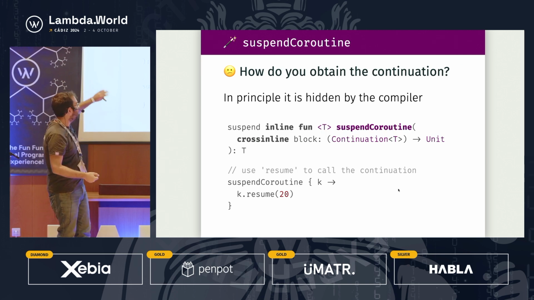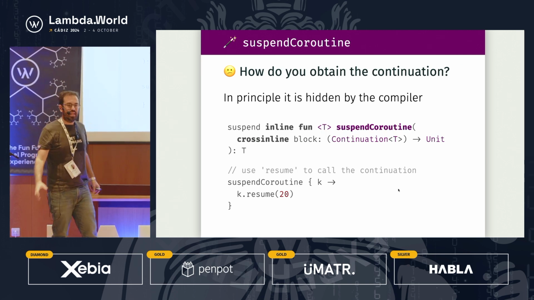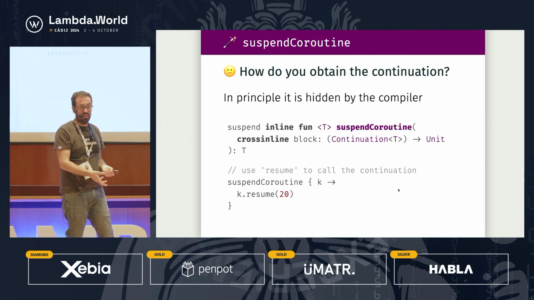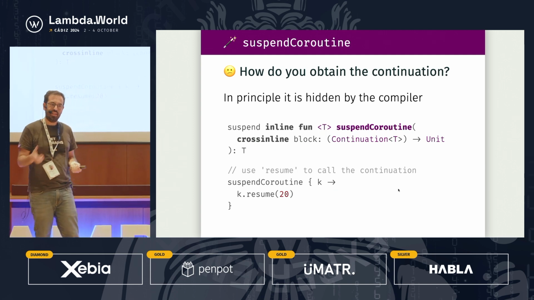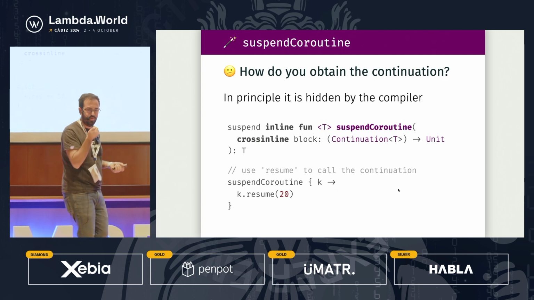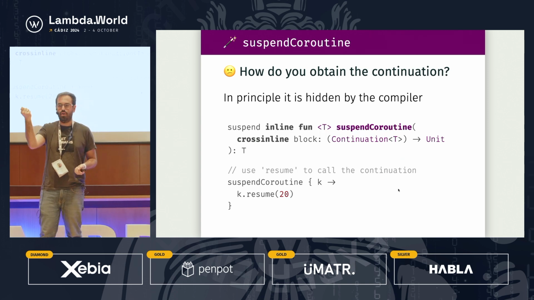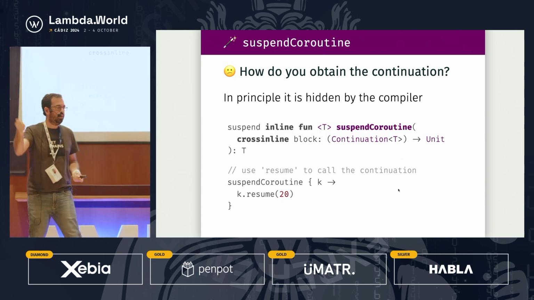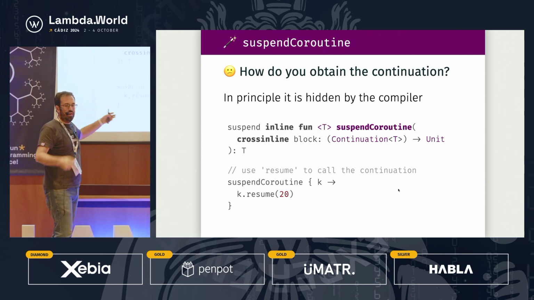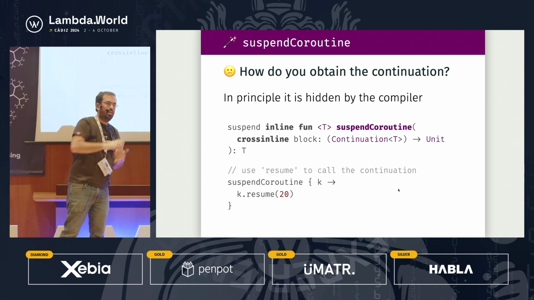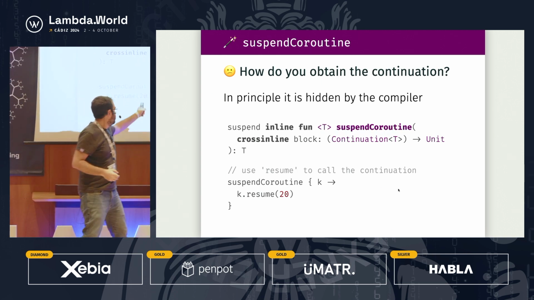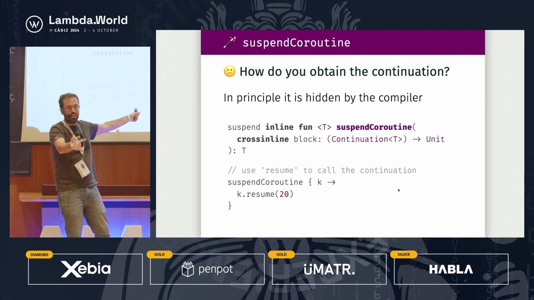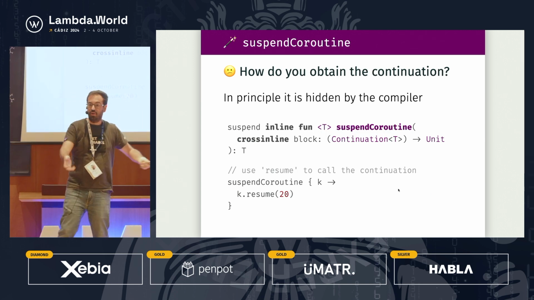It has a very fancy type, but essentially it says, if you have something which is suspend, and instead of just using other suspend functions you at some point want to really get the coroutine and decide by yourself when you continue, you can call suspendCoroutine and give it a lambda, a function, and it will give you back the k, that's the continuation, and whenever you want, you can call resume.